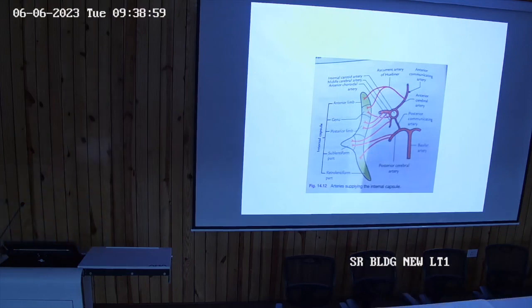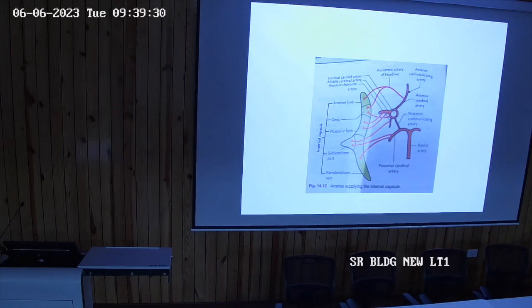So the straight branches come from the anterior cerebral artery, middle cerebral artery, and posterior cerebral artery. The important ones are the medial and lateral straight branches of the middle cerebral artery. The lateral straight branch of the middle cerebral artery is longer and larger, and it supplies the posterior limb of the internal capsule.